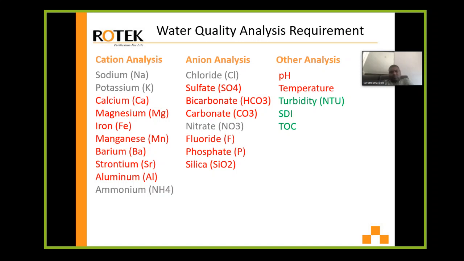So aluminum is something we must check, because a lot of the time we miss this. The customer has sent all the analysis, but the membrane is still fouling and we don't know why, and aluminum is sometimes one critical reason that we missed.